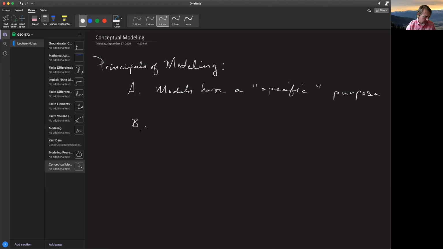The art of modeling is to reduce complexity of the real world as much as possible, but still allowing us to honestly address the question.